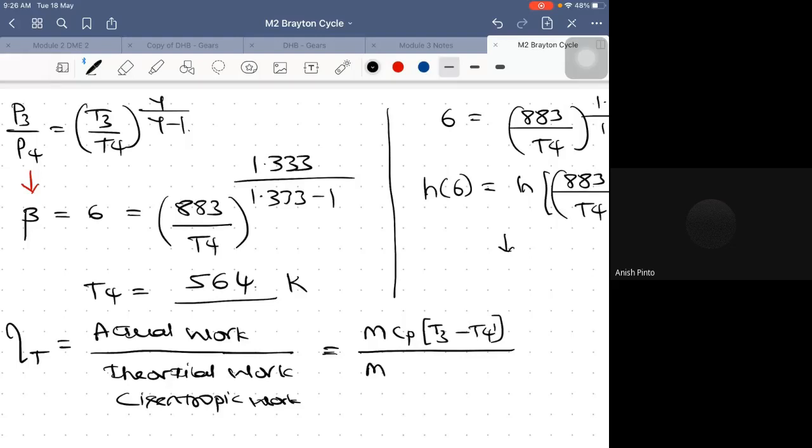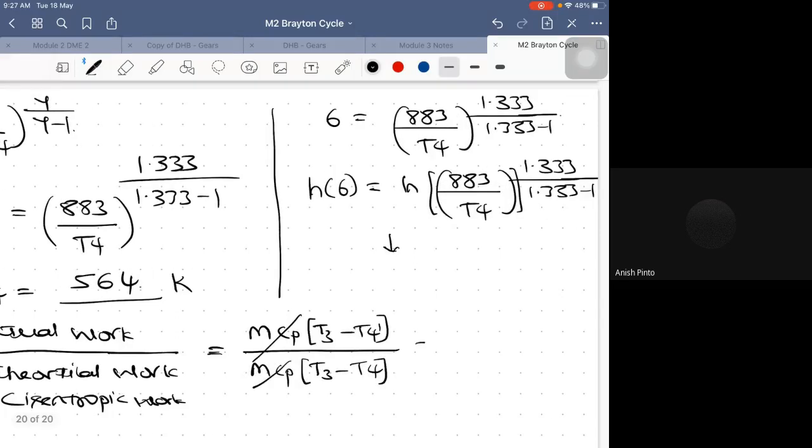Theoretical, the ideal one, has no dash: T4. The m Cp cancels, so it is T3 minus T4 dash divided by T3 minus T4.